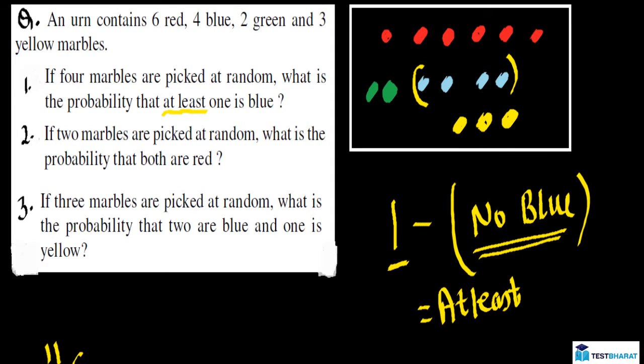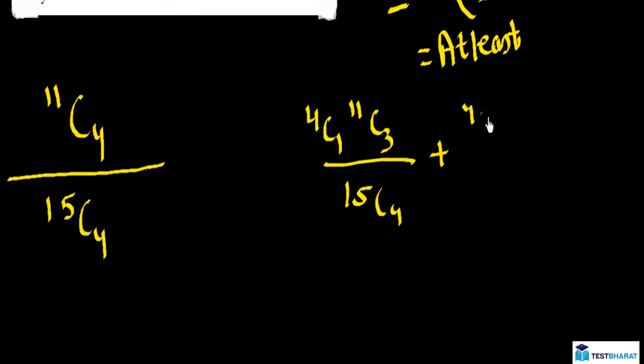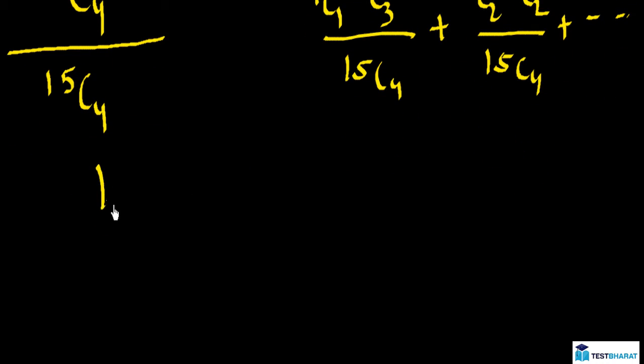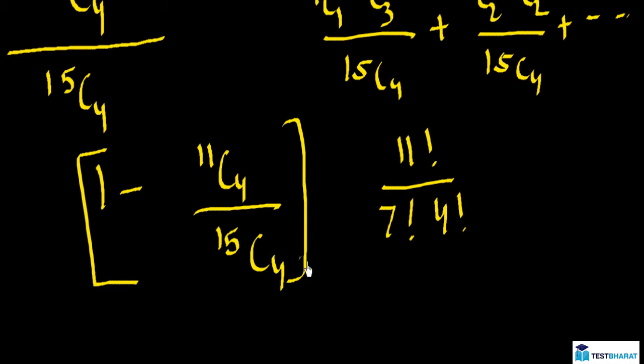So rather than calculating 4C1 times 11C3 divided by 15C4 plus 4C2 times 11C2 over 15C4 and so on, we can simply calculate 1 minus no blue, and the probability of no blue is 11C4 upon 15C4. So this is our answer. You can work it out. 11C4 is 11 factorial by 7 factorial by 4 factorial. Similarly for this.